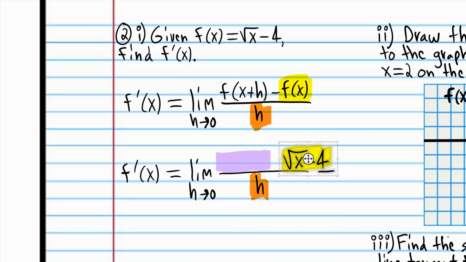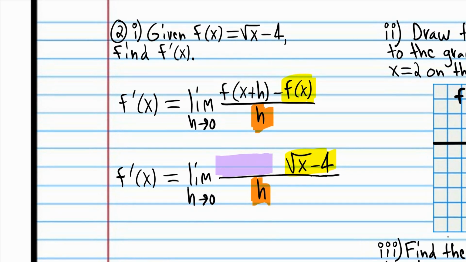Again, f of x plus h is exactly the same as f of x, no difference whatsoever, except instead of x, you write x plus h. See, the purple is exactly the same as the yellow. The only difference is that we wrote x plus h instead of x.